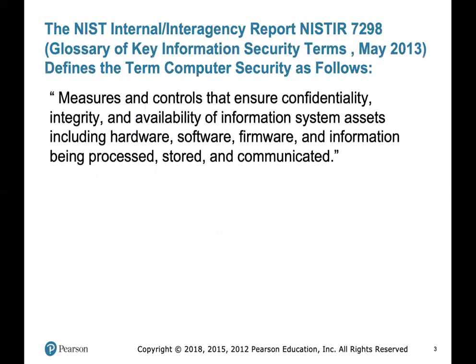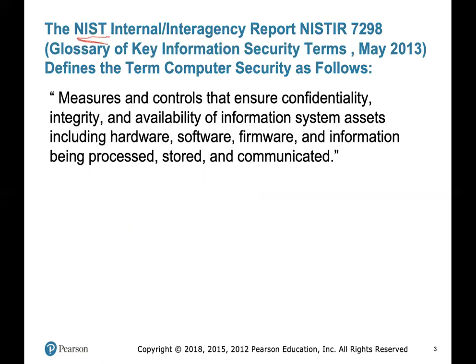The first thing I'm going to show you is a definition of computer system security by the National Institute of Standards and Technology, which is also known as NIST.